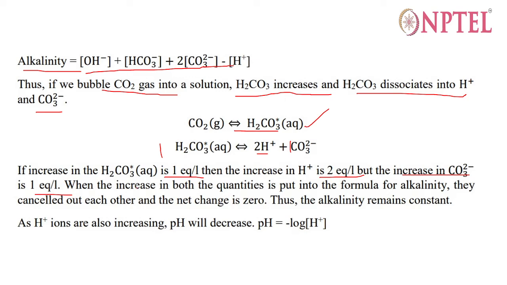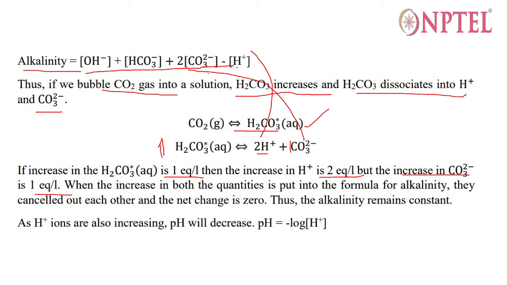Then the increase in both quantities, if we increase this per 1, this will be twice the increment, and this will be once the increment. If we put the values here, this is already multiplied by 2, and this is multiplied by 1, so it will be cancelled out. Twice H plus, it will be 2 into 1.